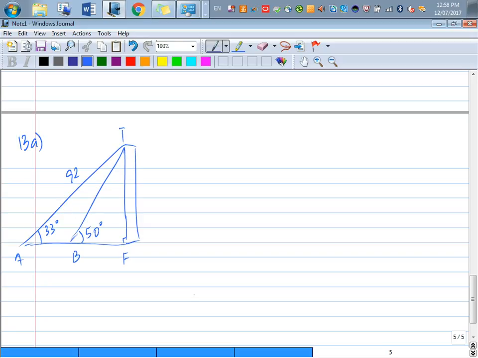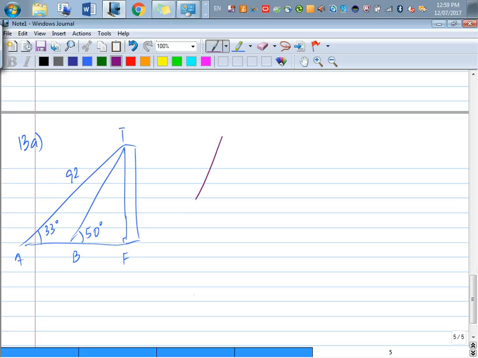So I want to use a right angle triangle. How many right angle triangles do you see? Two. You see two right angle triangles. But we just need to use one of them to get us the height of the building. So which one should we use? Sorry? T, B, F. TBF to find the height of the building. Okay, let's try that.